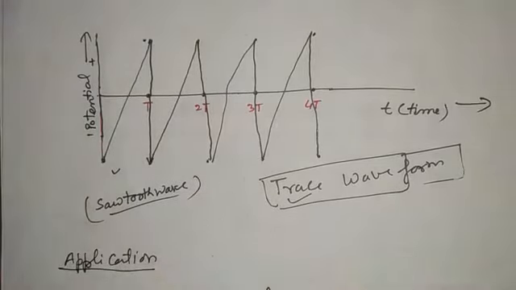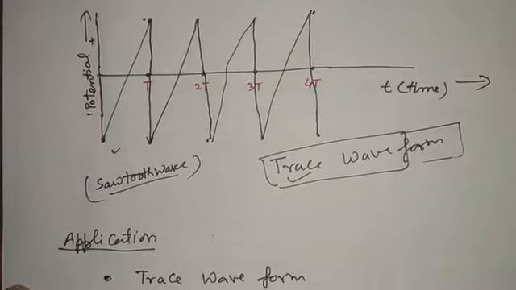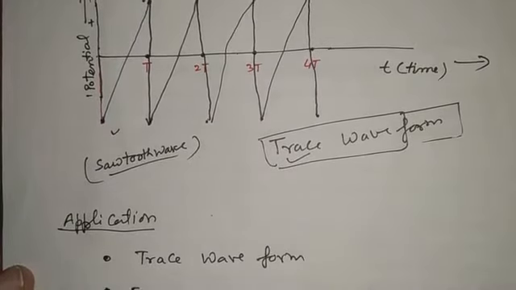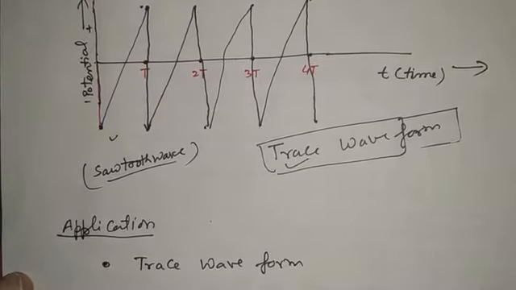The first application we have seen is that it is required to trace the waveform, either sinusoidal, sawtooth wave, triangular wave, or any type of wave can be traced by the CRO.